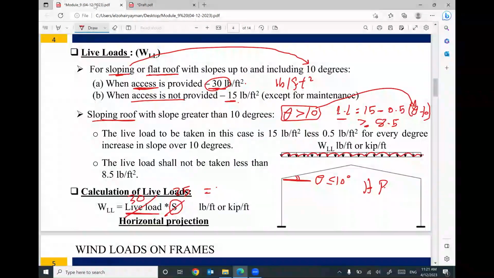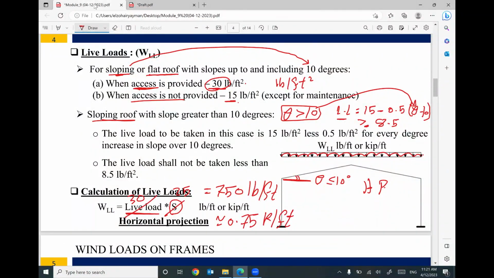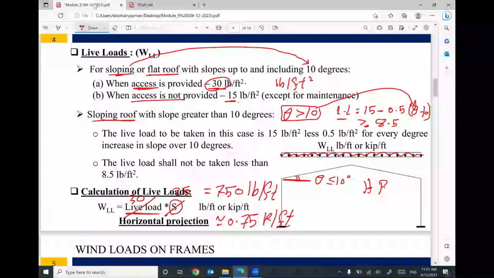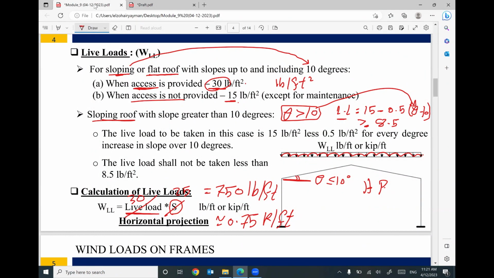Then I can say 750 pound per foot, or I can say 0.75 kip per foot. That makes sense? This is the value of live load. And your live load is distributed load, horizontal projection.